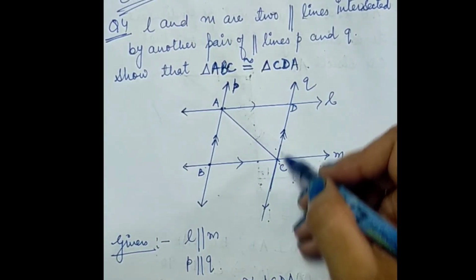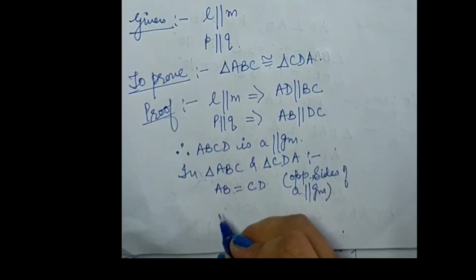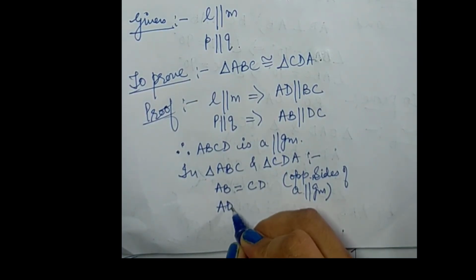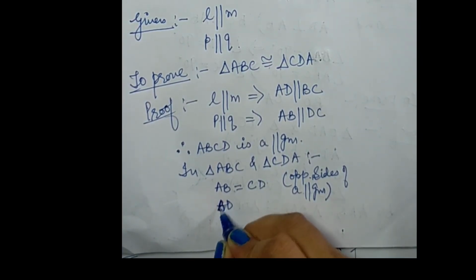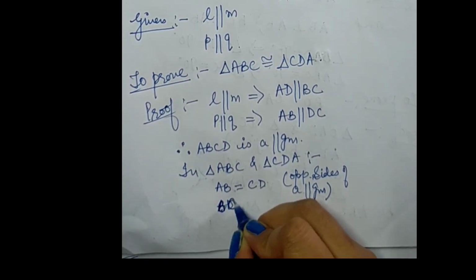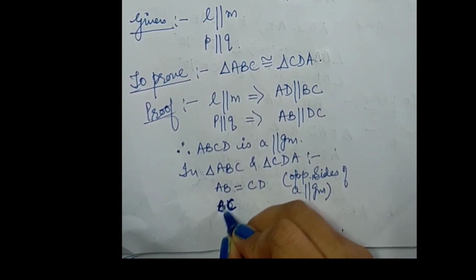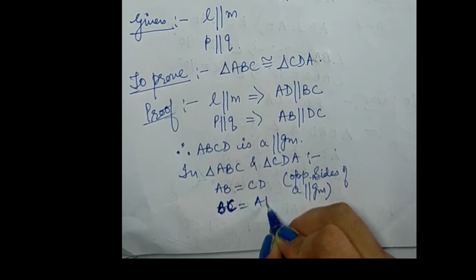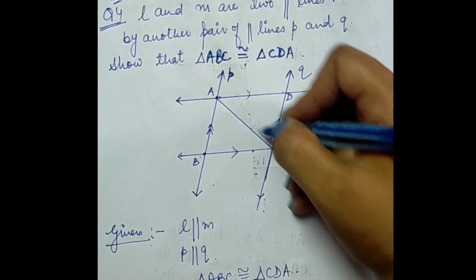AD is equal to BC. Here we are writing ABC, so BC should be here. BC is equal to AD and AC is equal to CA.